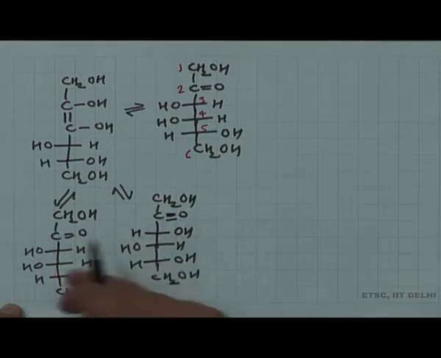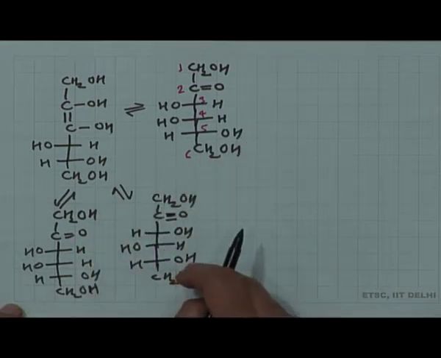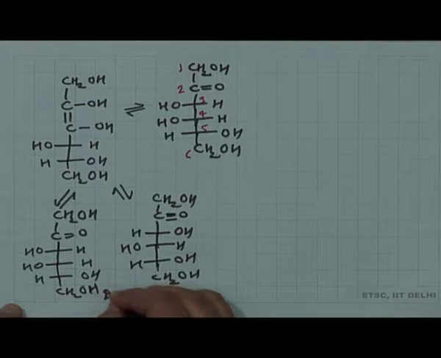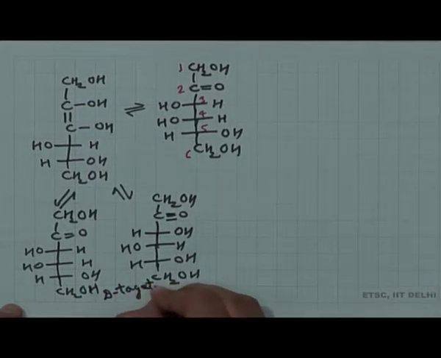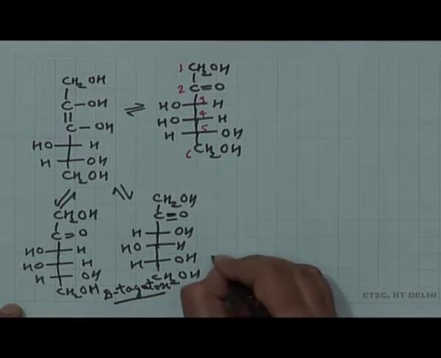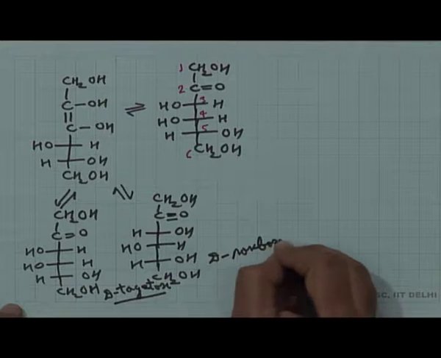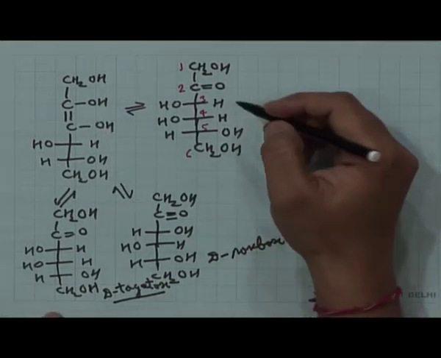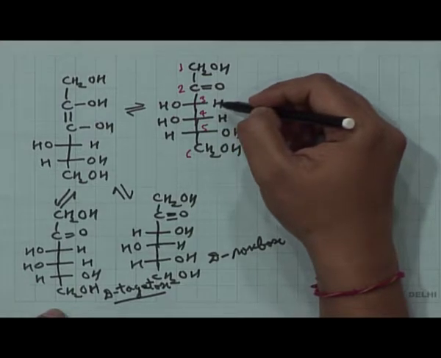We got a mixture with the same starting material D-tagatose and D-sorbose. So, this is D-tagatose and this is D-sorbose. This happens if deprotonation is taking place at the third position.